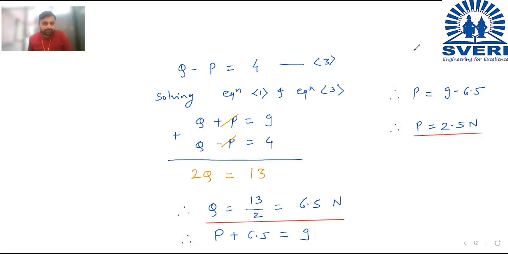Now start the roll number. Roll number 1, present. 2, present, sir. 3, present, sir.